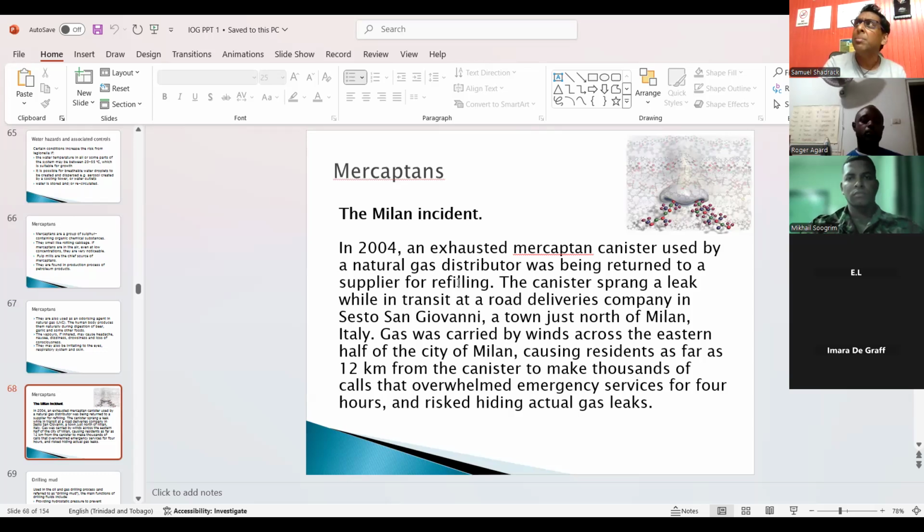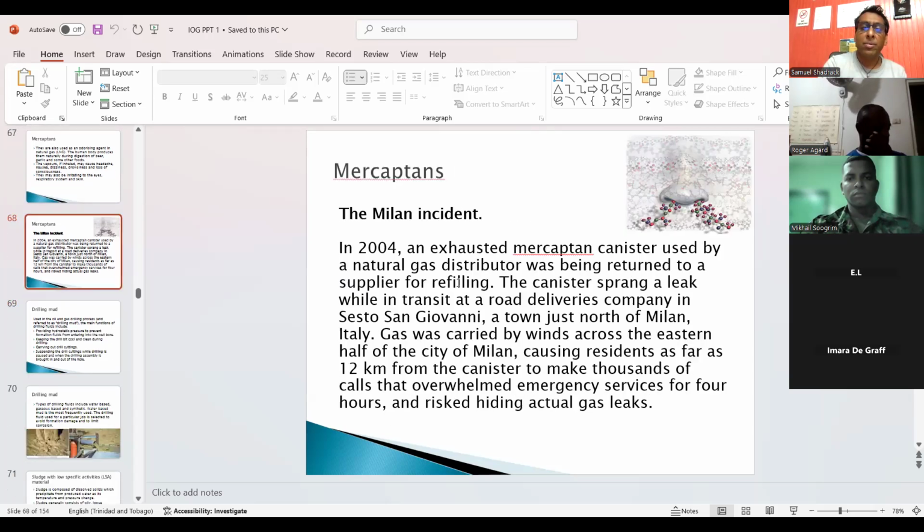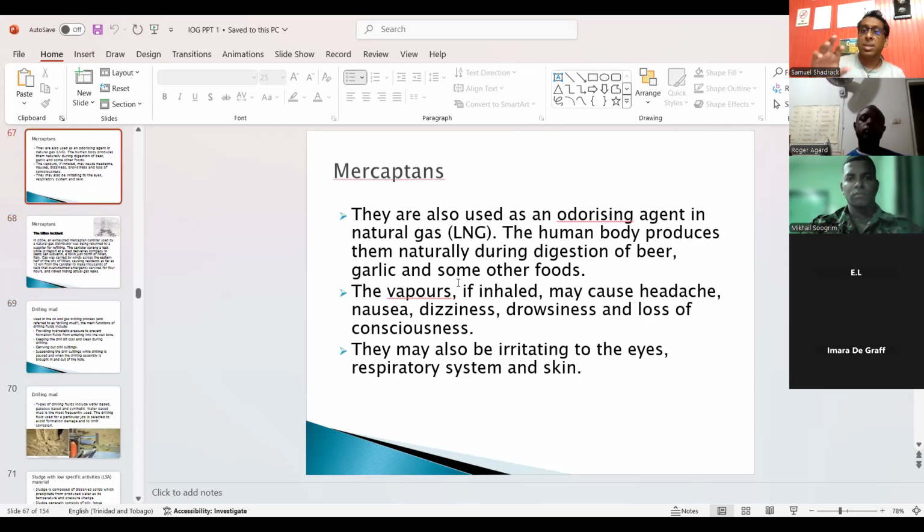Long story short, they normally add one of these gases to the gas tank you have at home, the propane tank, because propane itself doesn't have a smell. So when you're home changing your gas tank, or God forbid you have some kind of leak, what you're smelling is actually not propane.